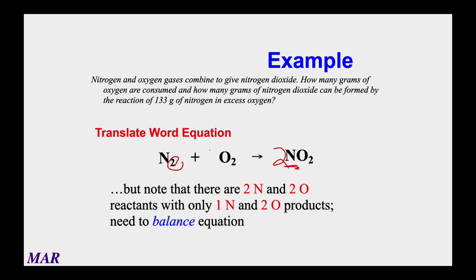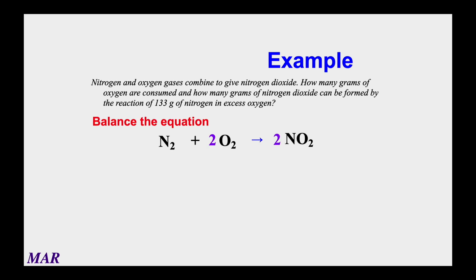So let's try putting a 2 right there. Now I have 2 times 2, 4 oxygens on the left, and 2 times 2, 4 oxygens on the right. And the nitrogens are balanced. You can absolutely check yourself, and I encourage you to do that. When you balance this out, definitely put the 2's down there. Now you can see that everything is balanced out and you should be good to go.